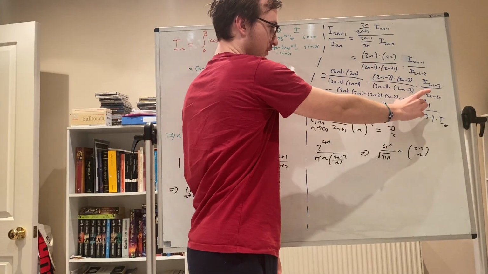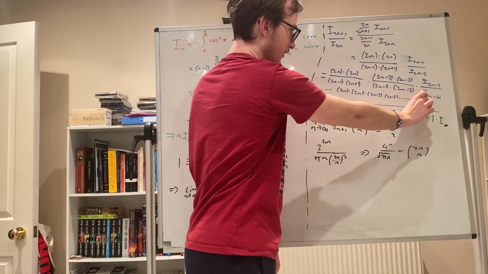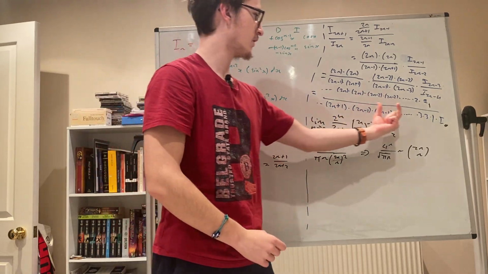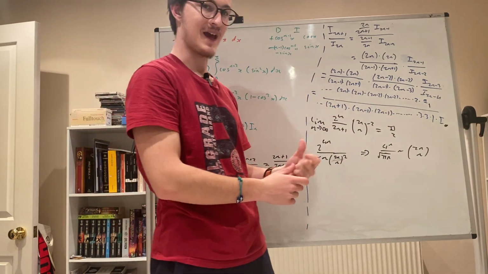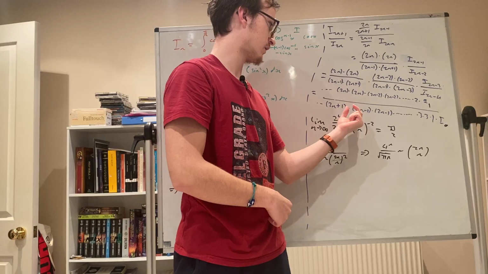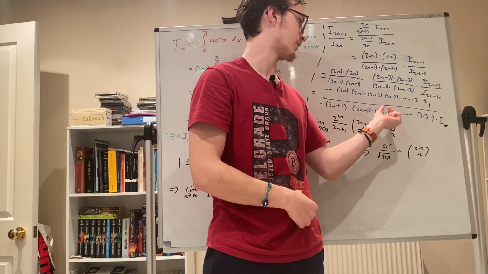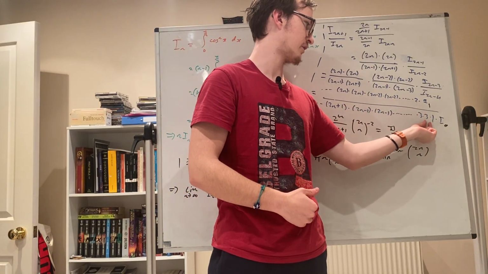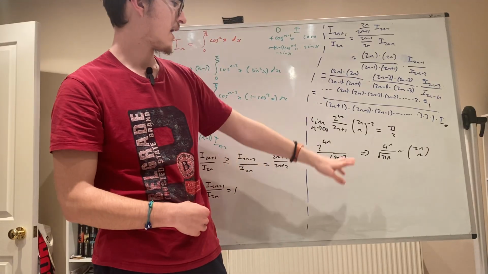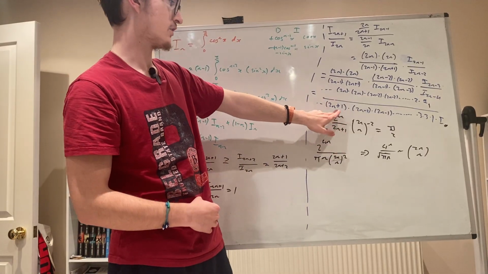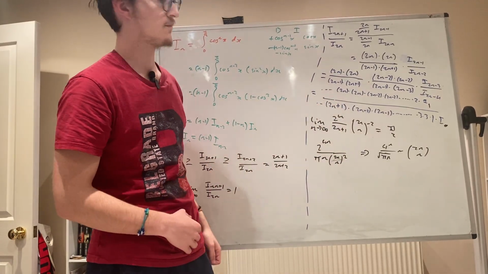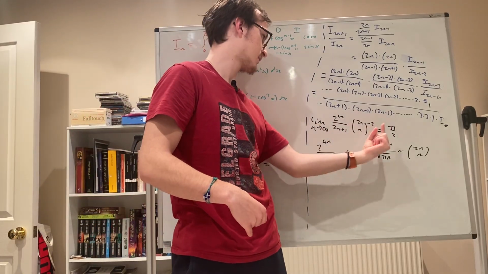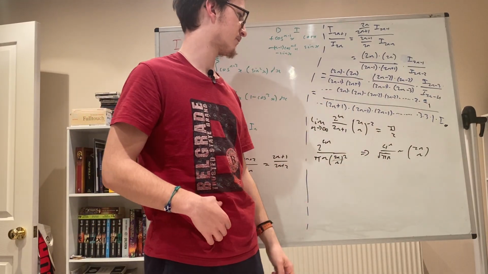So now on the top we do actually just have what we want. And on the bottom, well, what's going to survive is pairs of the odds. So 2n minus 1 times 2n minus 1, up until 3 times 3. And that's where the final 2n plus 1 comes in, this singleton at the end. So this expression here is precisely equal to this thing.